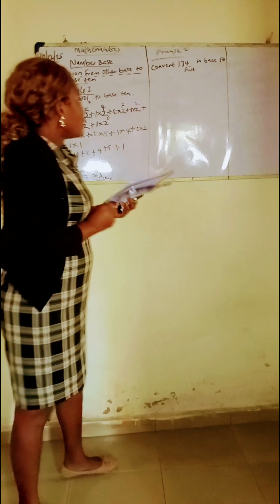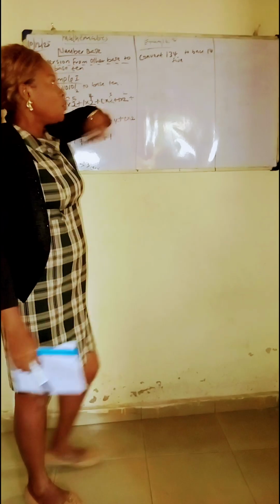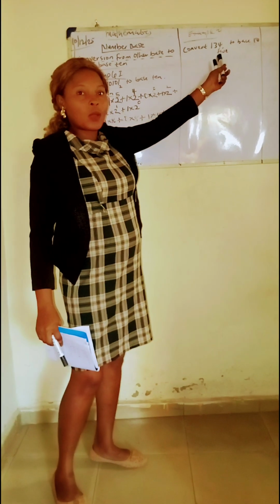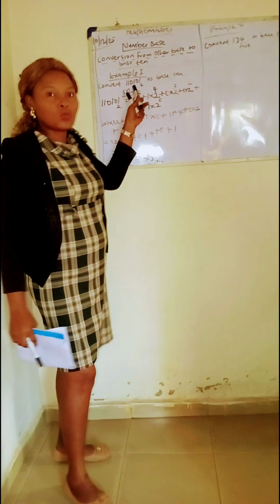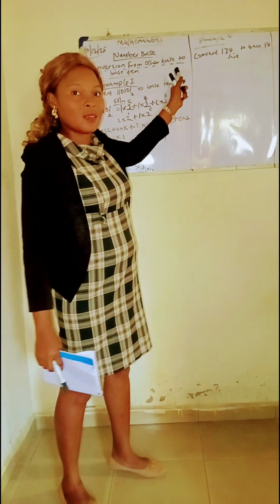Convert 134 base 5 to base 10. If you look at this example 2, you find out that we have another base there. We are working on base 5, but in example 1, we worked on base 2. That's to tell you that we are looking at different bases.